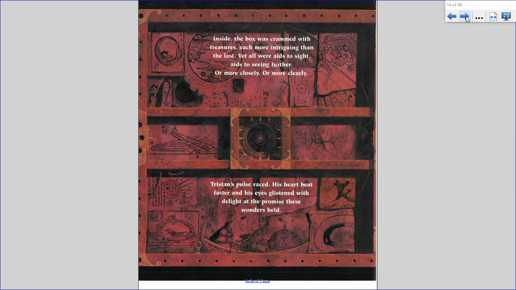Inside the box was crammed with treasures, each more intriguing than the last, yet all were aids to sight, aids to seeing further, or more closely, or more clearly. Tristan's pulse raced, his heart beat faster, and his eyes glistened with delight at the promise these wonders held.